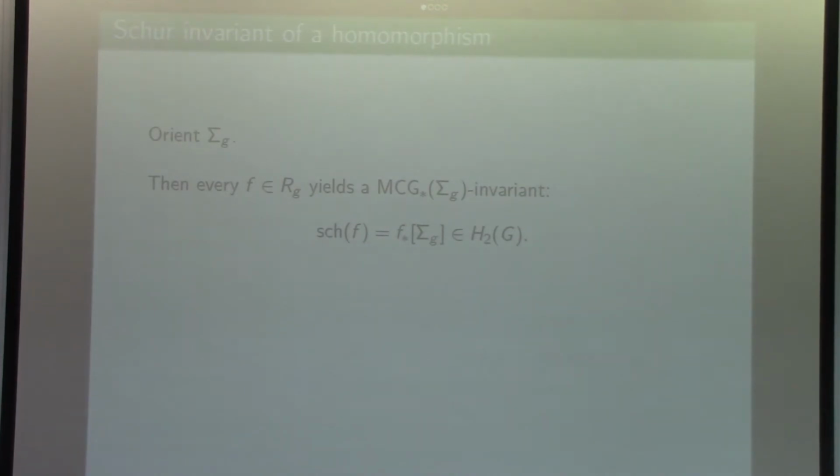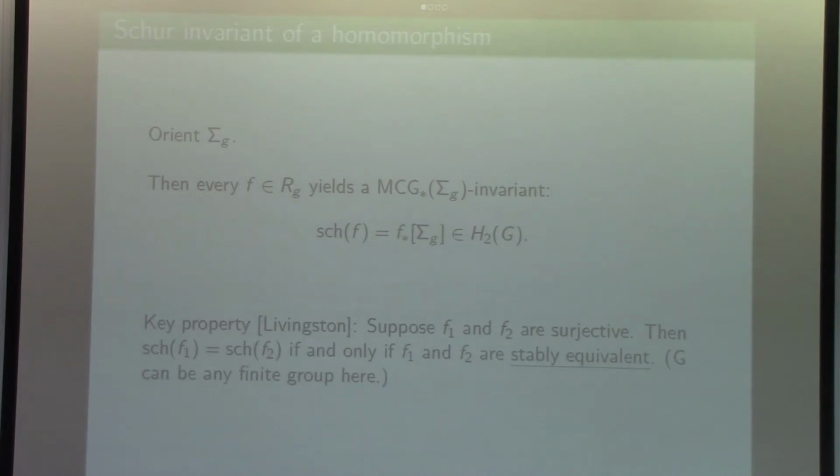You can think of this topologically. You can build a classifying space for G, and a homomorphism gives you a map from the surface to that space, and you can look at the induced map on second homology. We call this invariant the Schur invariant because it takes values in the Schur multiplier of G. It has a really nice property pointed out by Livingston.